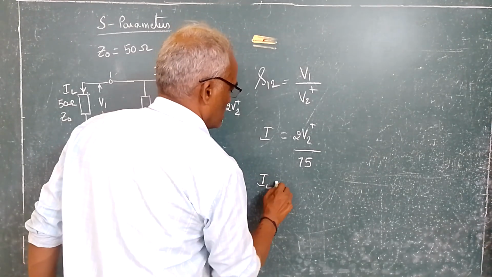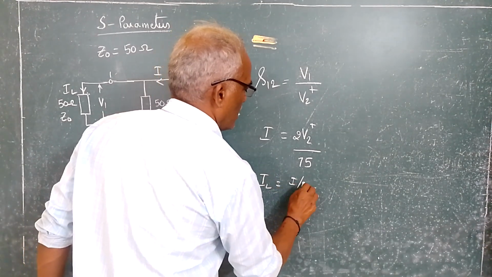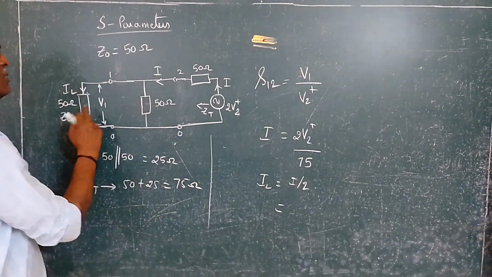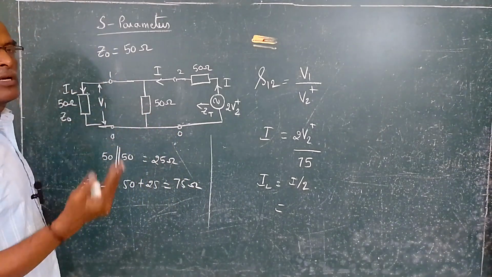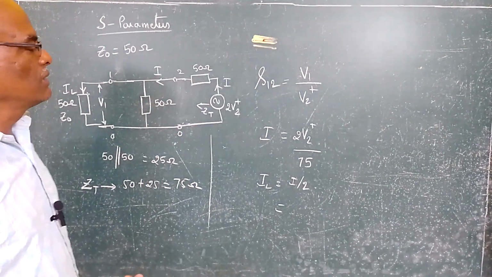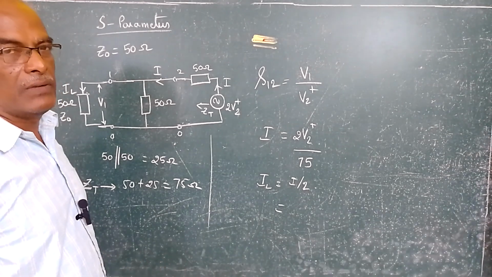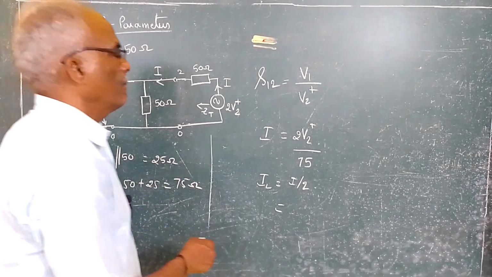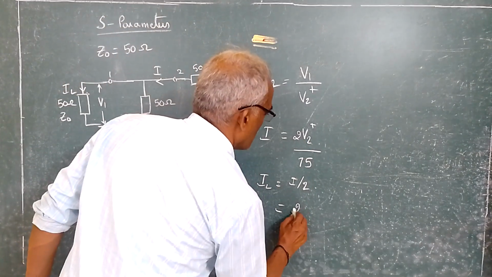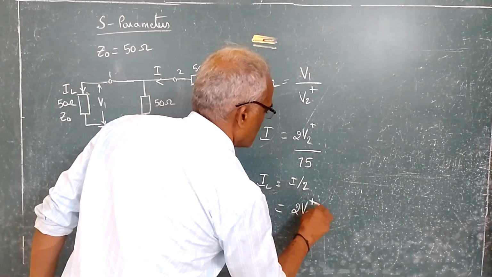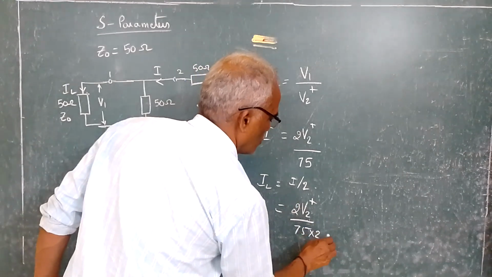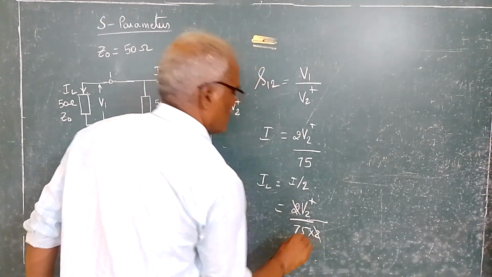IL is equal to I divided by 2, because both are the same value. If they are not the same value, you must apply the current division rule. Now what is I? I is 2V2 plus by 75, this value divided by 2, so into 2. This 2 and 2 get cancelled.